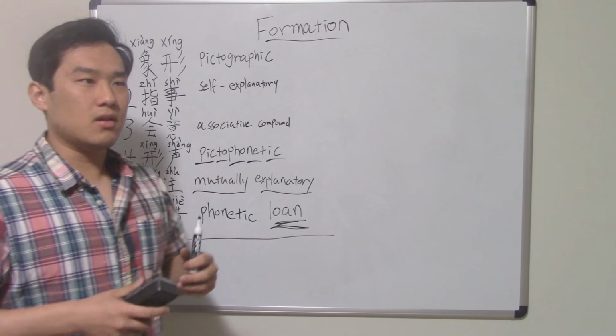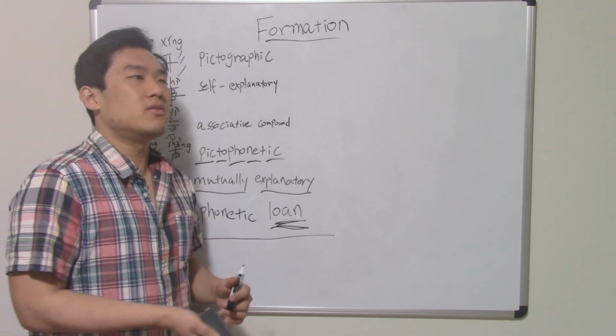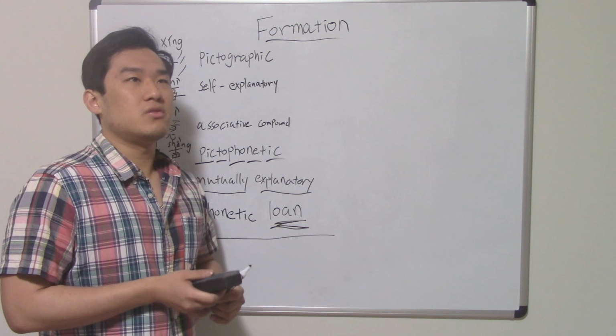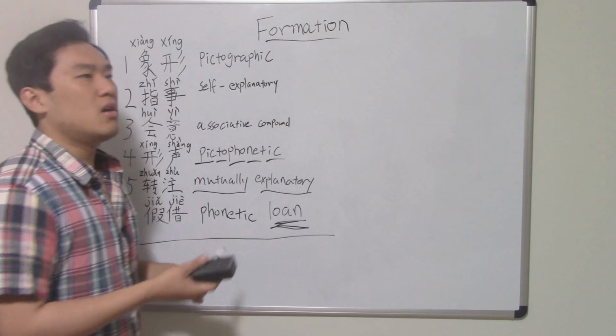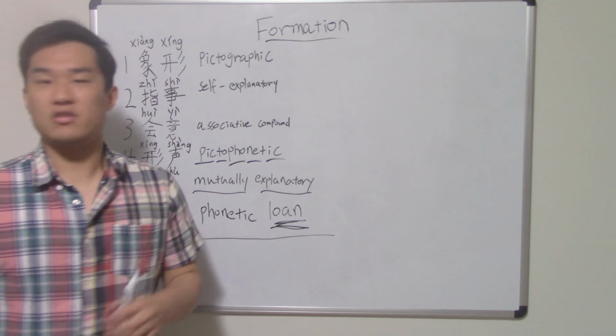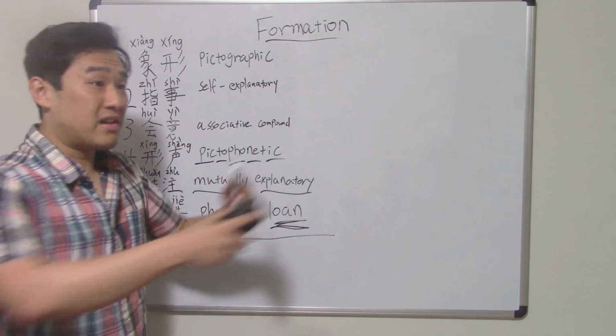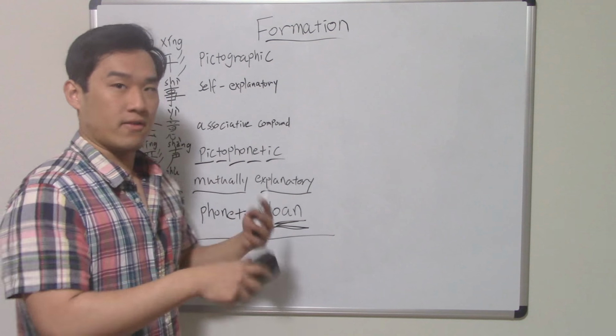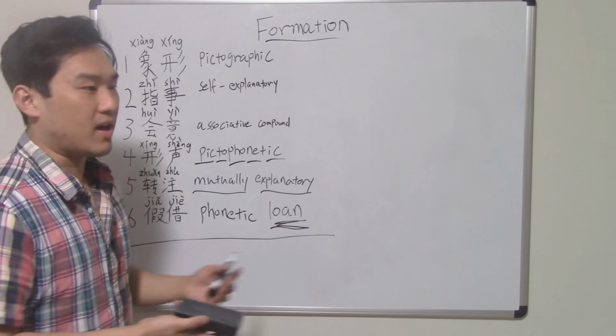But what if there are so many things, so many different expressions, and what if new stuff keeps coming out all the time, and we don't have an expression for it? How do we do that?